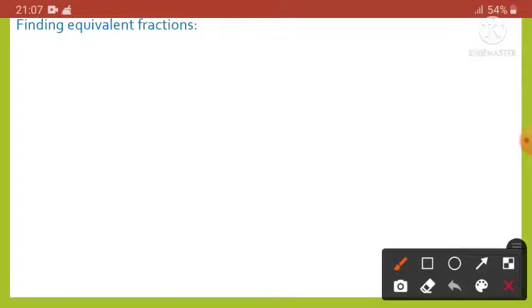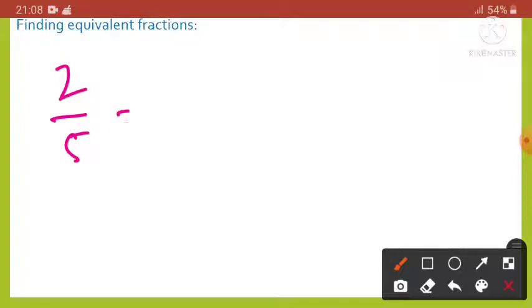Now we will be learning how to find equivalent fractions in different methods. Suppose we are taking one simple example, 2 by 5. We have to find out the equivalent fraction of this fraction. So we can multiply both the numerator and denominator by the same number.